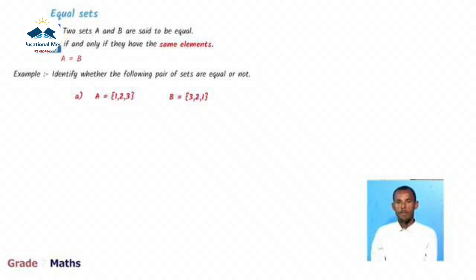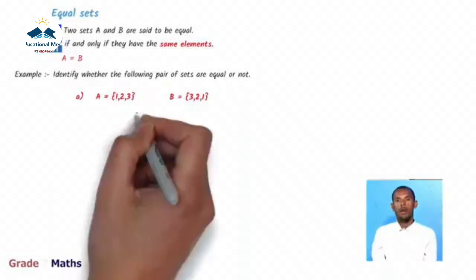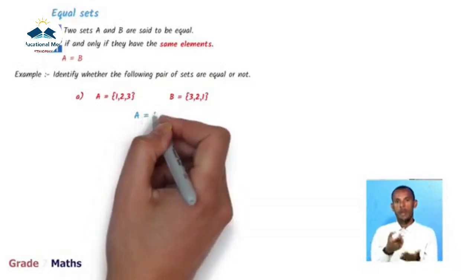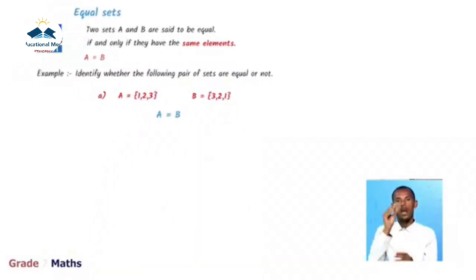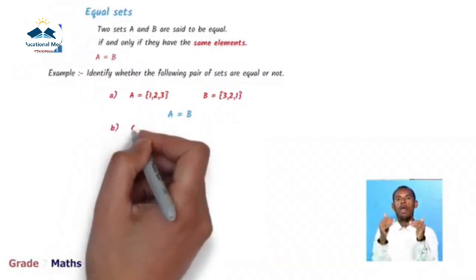Set A consists of the elements 1, 2, and 3. And set B also contains the elements 3, 2, 1. Writing the order doesn't change the set, therefore set A and set B contain the same elements. Therefore, set A and set B are equal sets.